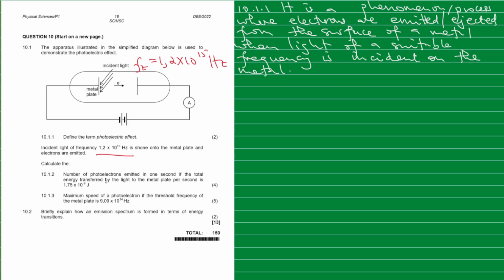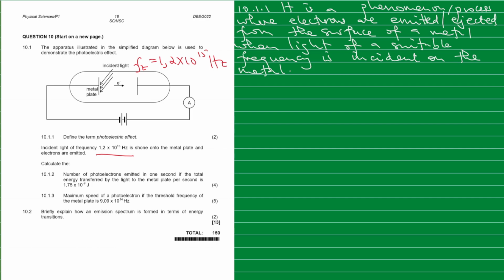Calculate the number of photoelectrons emitted in 1 second if the total energy transferred by the light to the metal per second is 1.75 nanojoules. So how many electrons do we need to constitute that amount of energy?